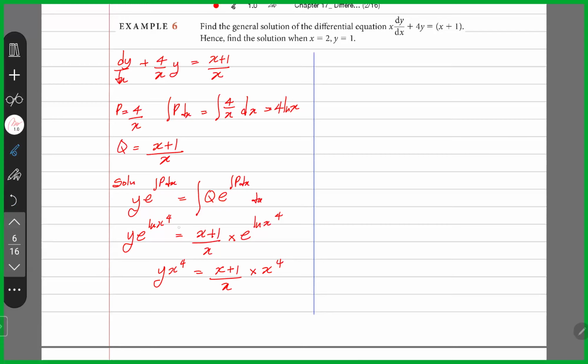Oh, sorry, don't forget the integral. Integral dx. All right, so this is x now to the 3rd.